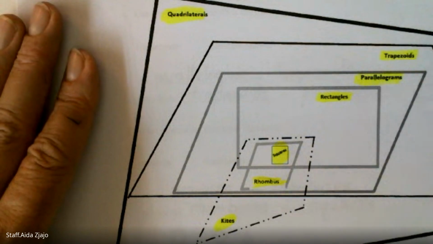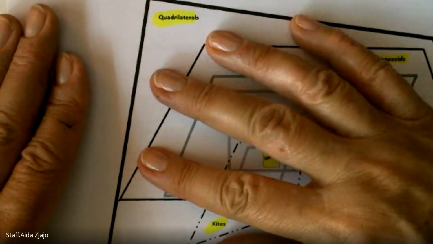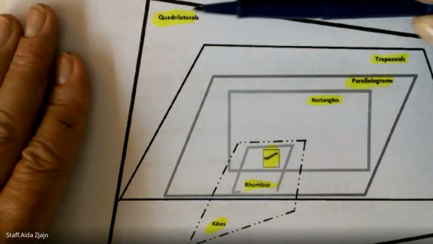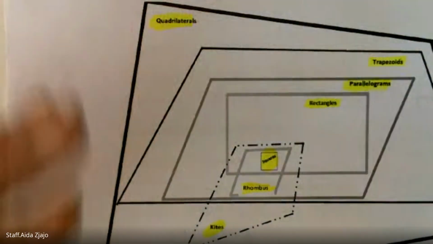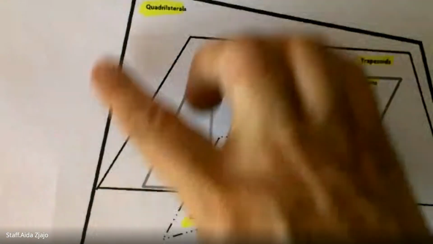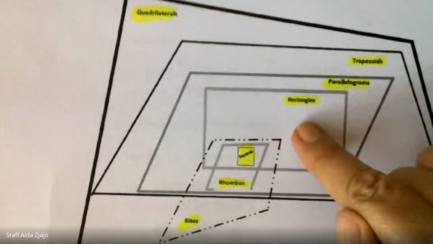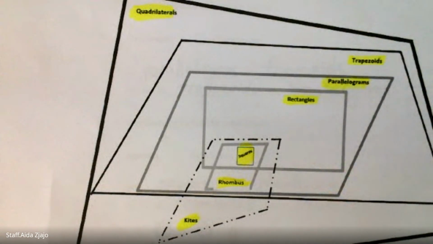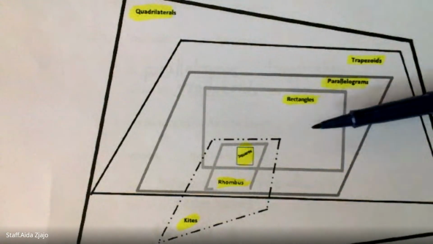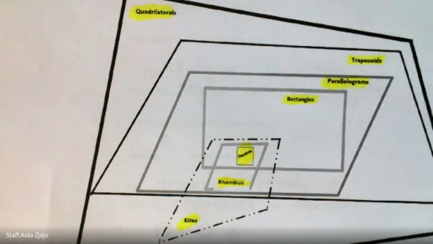Kite has zero, trapezoid has one pair of parallel sides. And these are all quadrilaterals. There is a quadrilateral with no parallel sides, which is this one here. That's called an irregular quadrilateral, and these are like regular quadrilaterals because they have congruent sides and they have parallel sides as well.